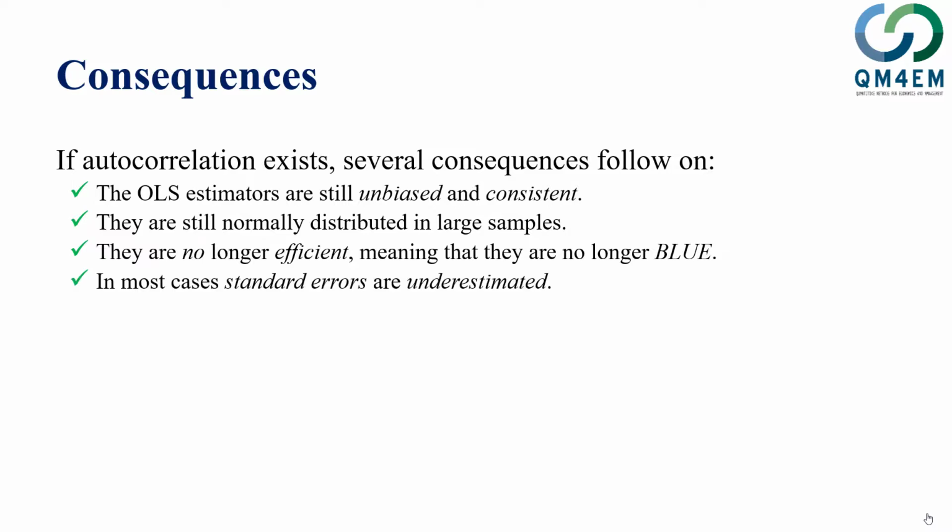In most cases, standard errors are underestimated. These two points are important for autocorrelation. The first two points are pretty much standard, but efficiency and underestimated standard errors are the important ones. Efficiency refers to the standard errors no longer being minimum, and then they are underestimated.